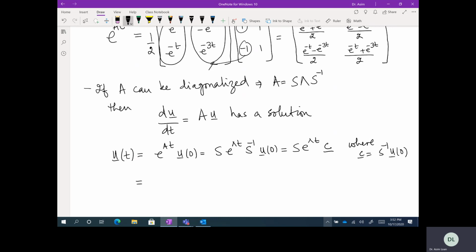If you multiply out, this is c1 e^(λ1 t) x1 plus c2 e^(λ2 t), or maybe if you want me to, I can write it explicitly.